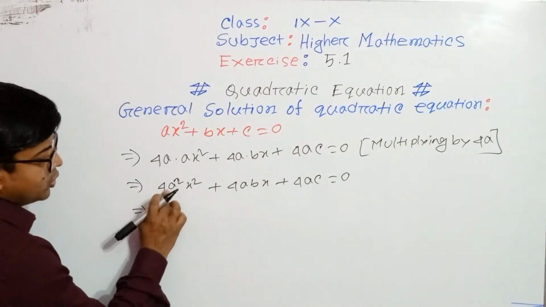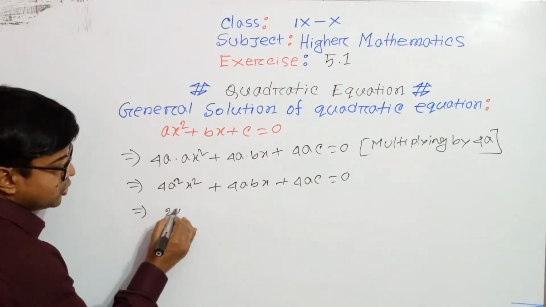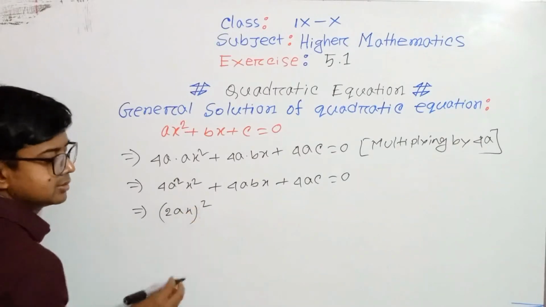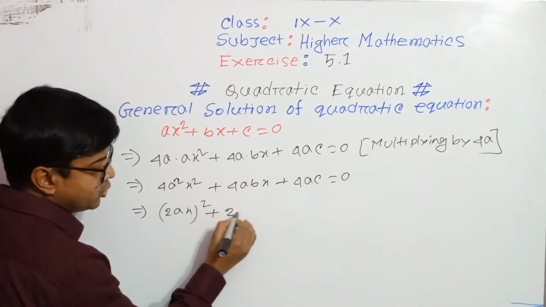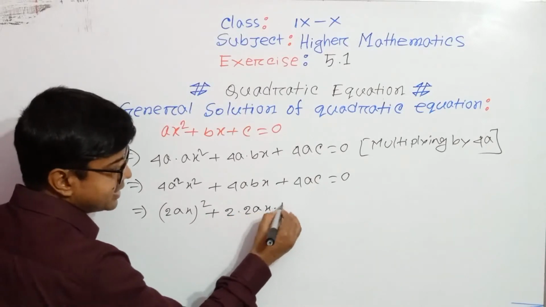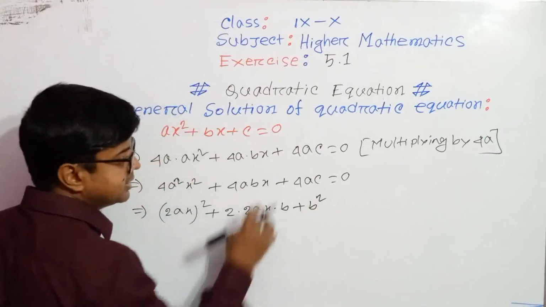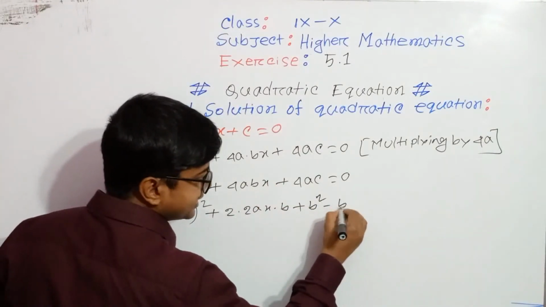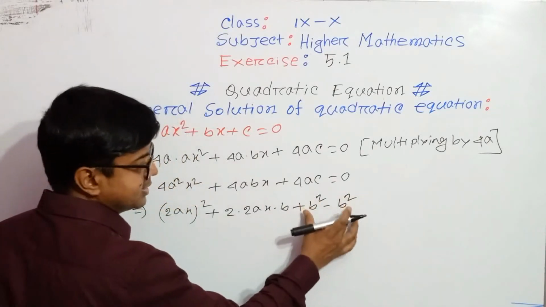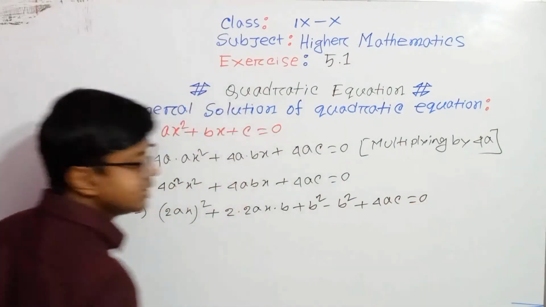Here 4a squared x squared, we can write (2ax) whole squared plus, for this part we can write 2 into ax into b, and plus b squared. But there is no b squared, so we write minus b squared for balance, plus 4ac equals 0.